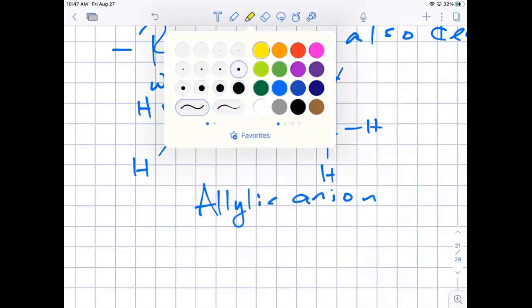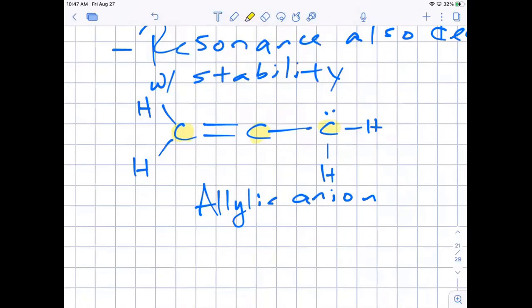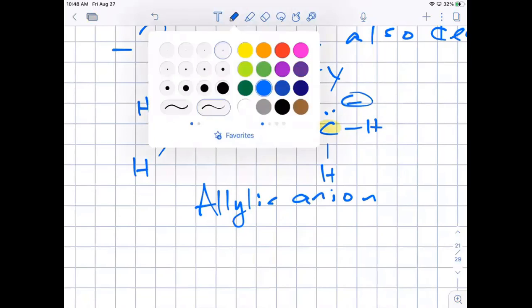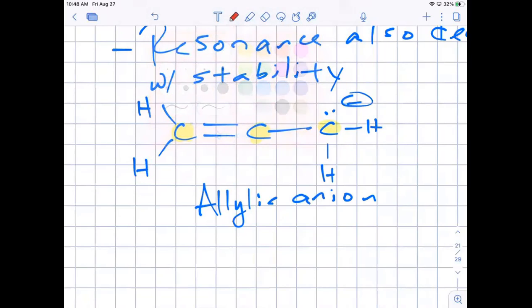You got 3 atoms and the carbon is negative on the end. This is the allylic carbon right here, the one that's adjacent to the pi bond. That's all that term allylic means, that you have an atom that's connected to a pi bond or a pi system.